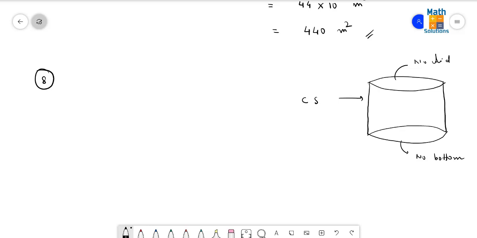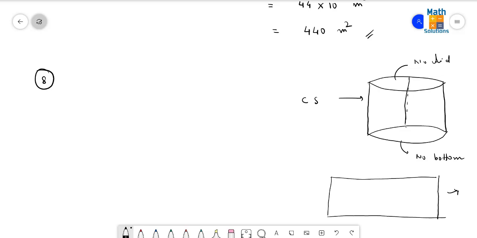So if this curved surface is cut at this position and we open it up, after placing it horizontally on a plane, we are getting a rectangular sheet. Here only one piece, we are just opening it up to get this type of rectangular sheet.